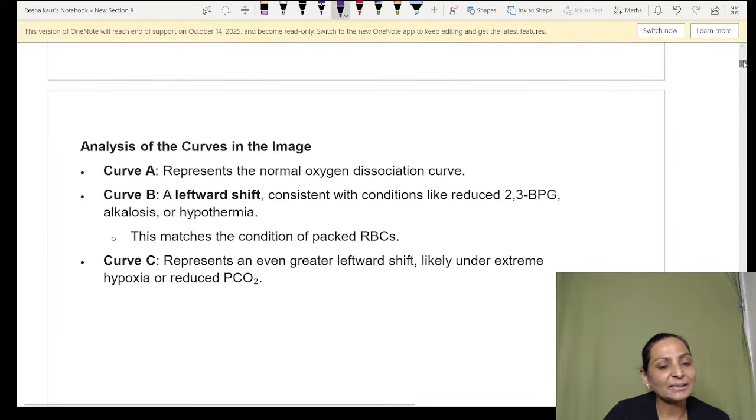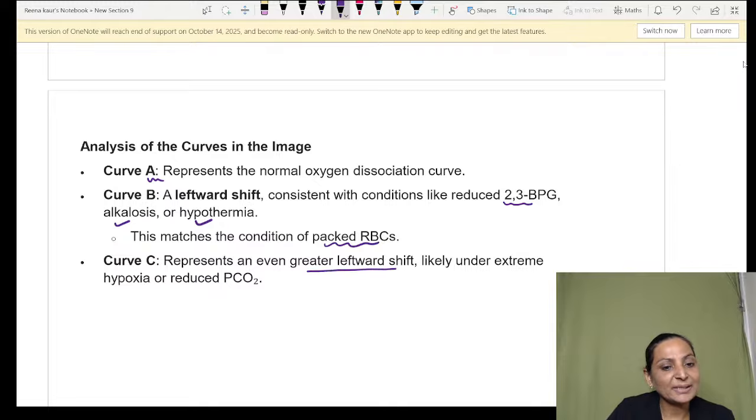Now if you analyze the other curves, as I've already told you, curve A is normal. In B, we've seen a left shift of the curve, which can be seen in other conditions also. Apart from decreased 2,3 DPG, you can also get it with hypothermia or alkalosis. And this condition is matching with packed RBC. Curve C shows a greater left shift.